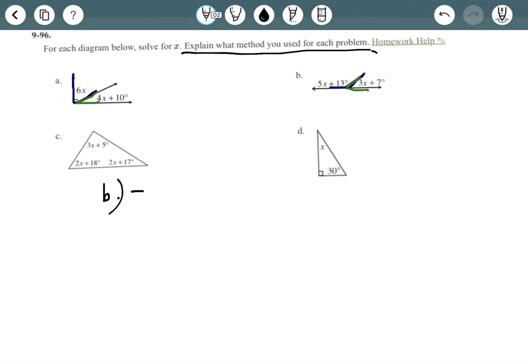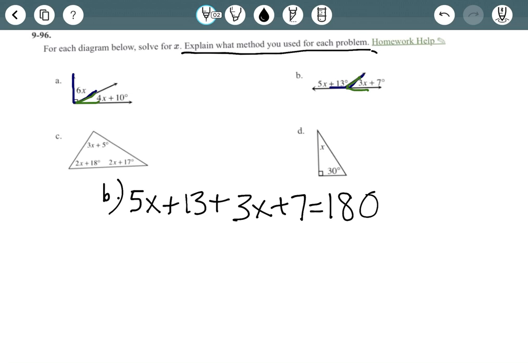We take our two angle measurements, our 5x plus 13, and add them together because we know together they add up to 180 degrees. And there's our equation. Now we just have to solve through.